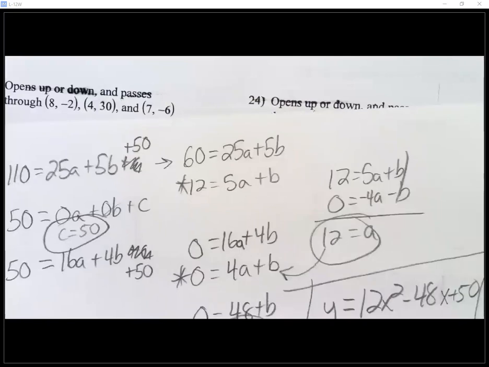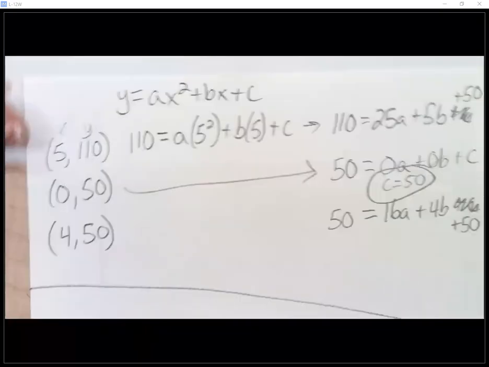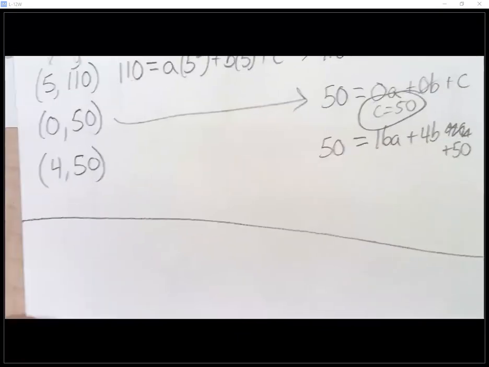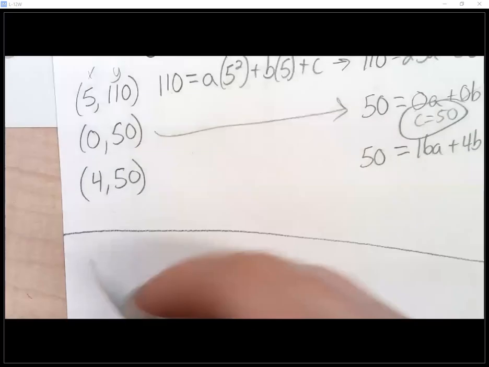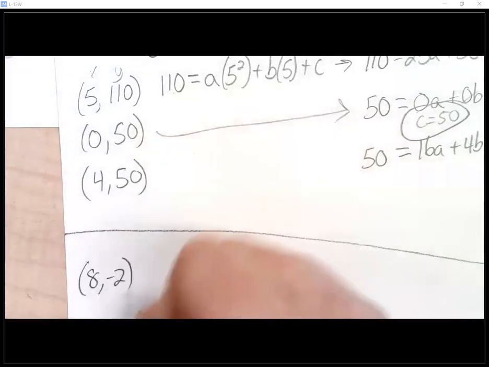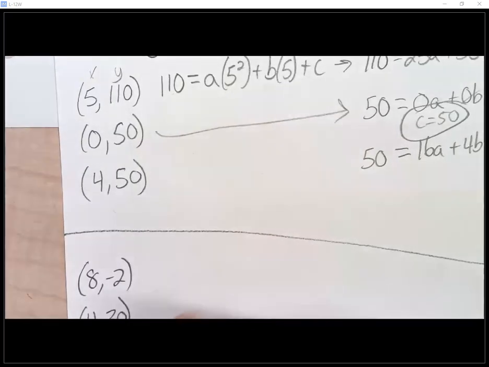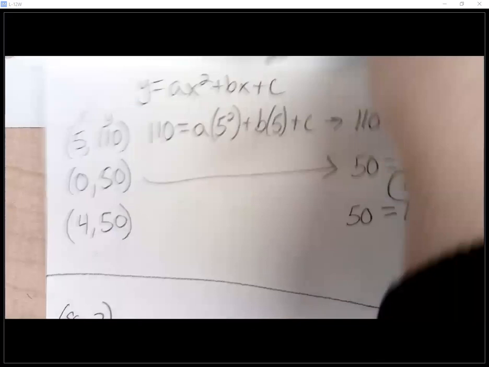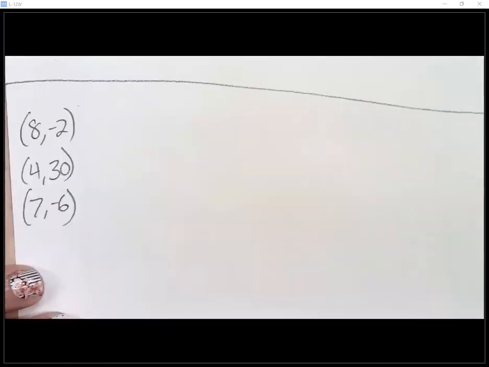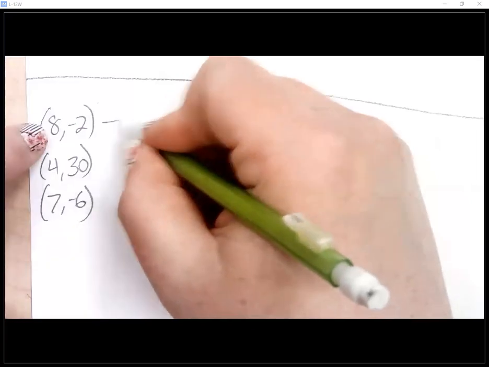So let me do 23 because 23 is going to be much more similar to what you see on the test tomorrow. So let's get one where they don't actually match up so nicely. So the points are 8, -2, 4, 30, and 7, -6. Okay, there they are. So I'm gonna do my shortcut to get to my 3.